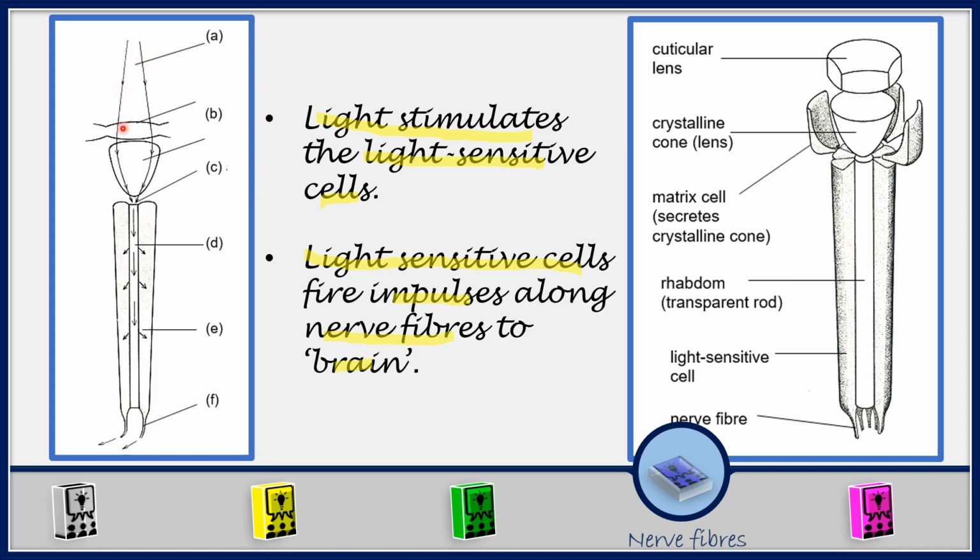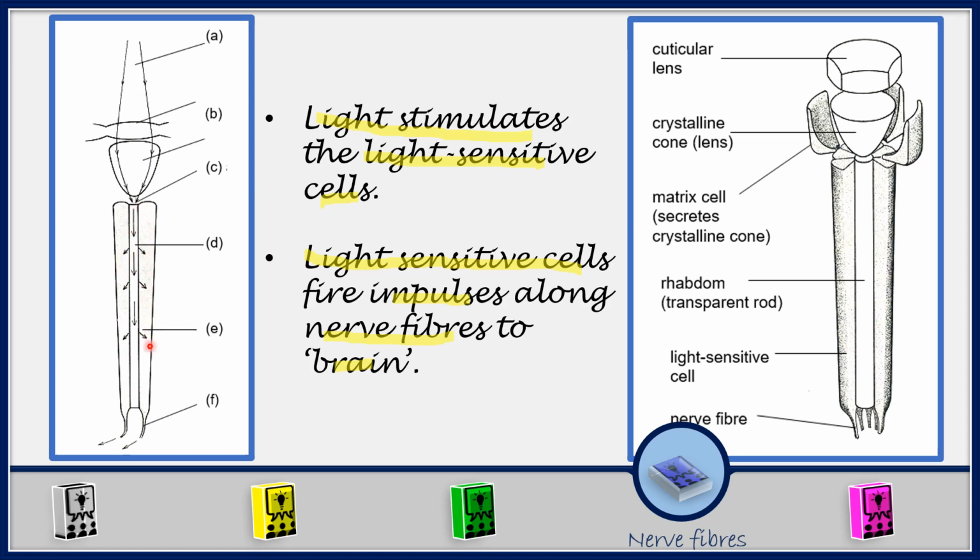When light strikes the compound eye, it will be refracted through the corneal cells or the lenticular lens, whereby again it will be refracted through the crystalline cone lens, and then it will be projected to the rhabdom. As it moves through the rhabdom, it will stimulate the light-sensitive cells.